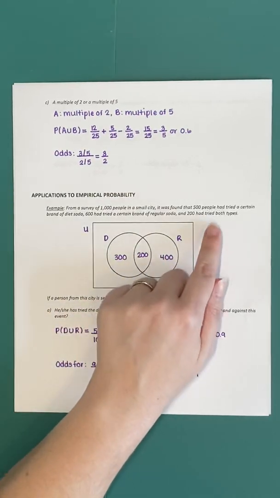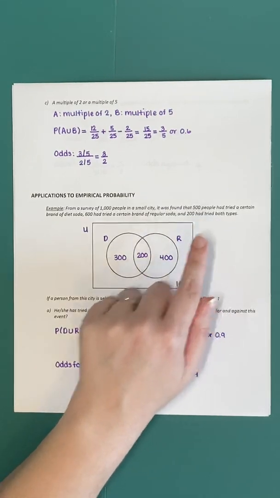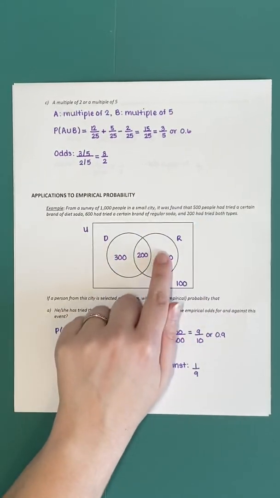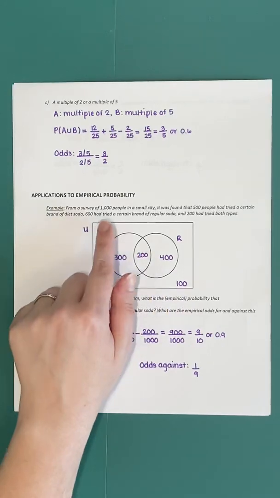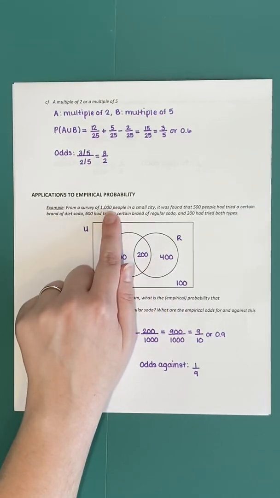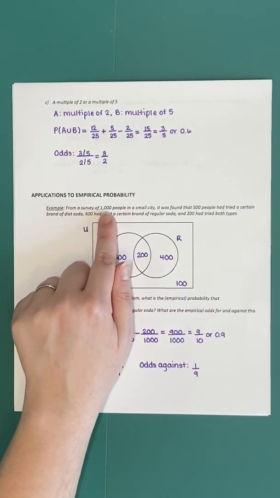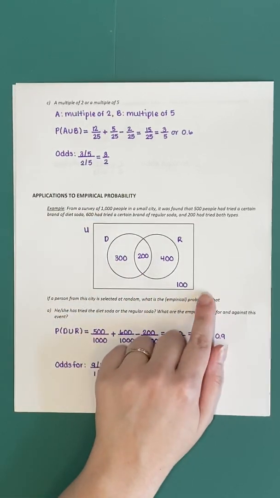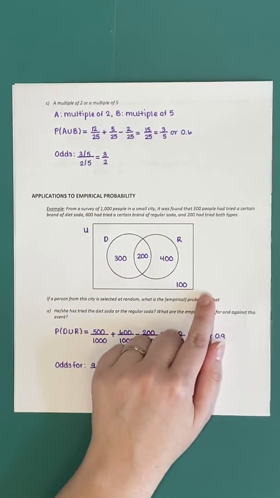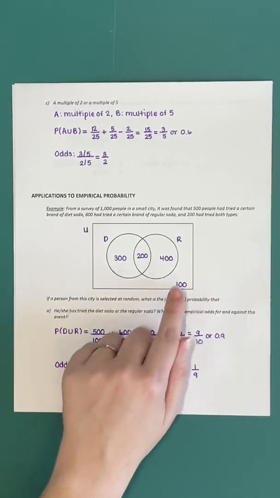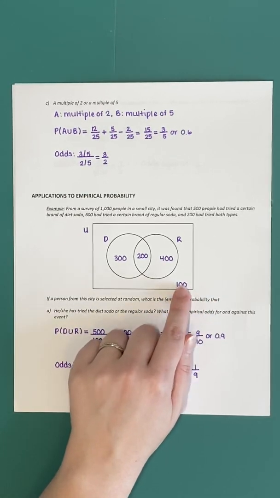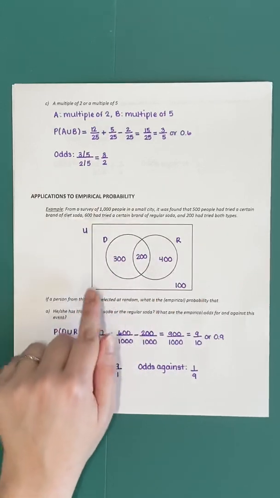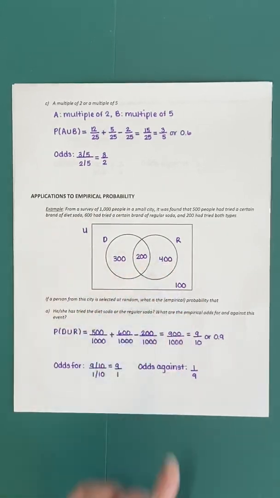So we only have 900 people that were then categorized further based on what they tried, but 1,000 people were surveyed. So what that means is that the remaining 100 people must have answered no to both questions. No, they hadn't tried soda 1. No, they hadn't tried soda 2. So there's also 100 people that are in the universal set that weren't further categorized into one of these circles.